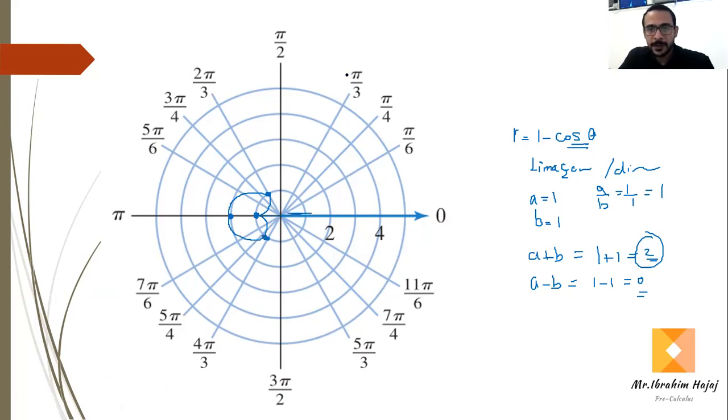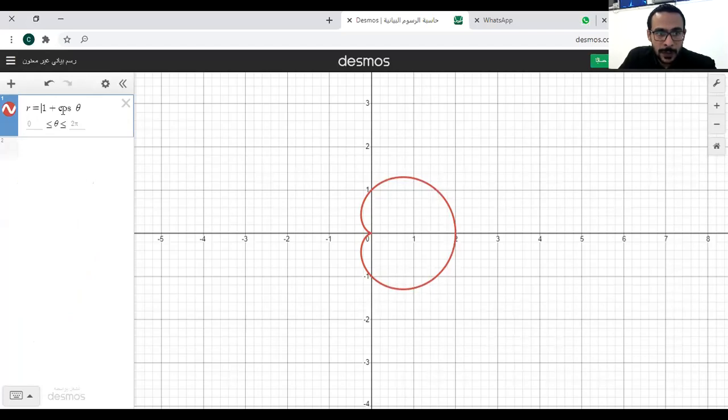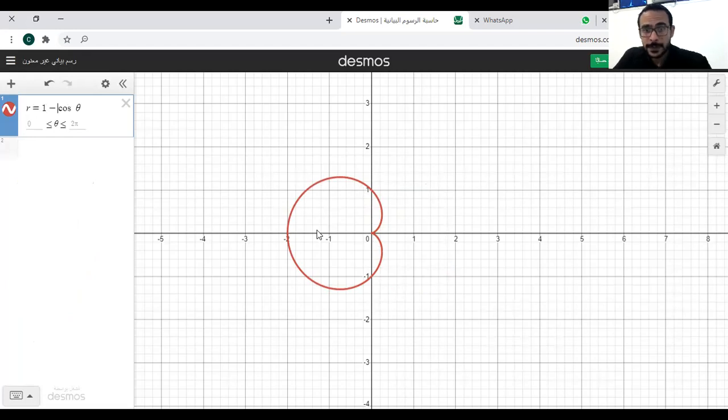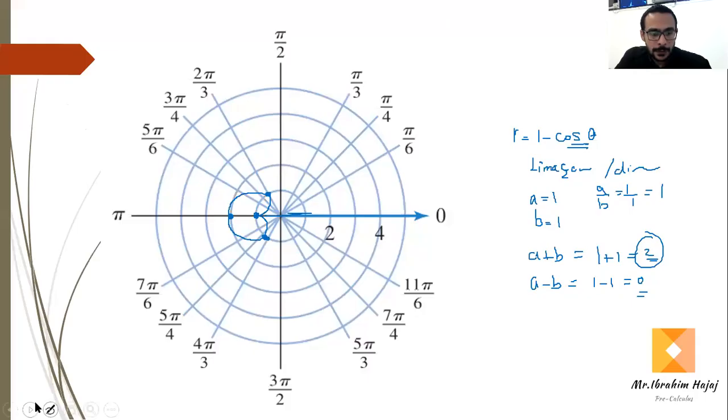Of course, it is graphed accurately on the Desmos graphing calculator. Here it is, when it's 1 minus cosine theta, and the 0. We have to put in the 0. So we moved to the left here, so it's not correct.